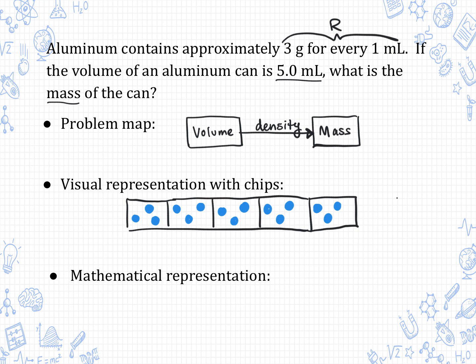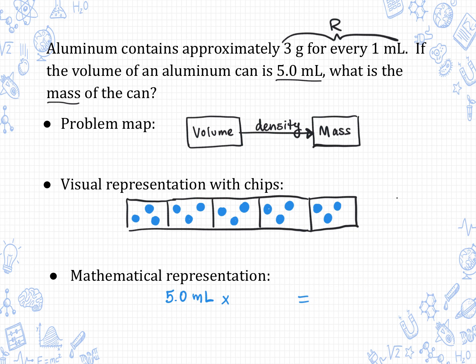So when I go to make my mathematical representation, I'm going to start with what I know, the volume. So 5.0 milliliters. And I've got a relationship, 3 grams for every 1 milliliter. So since what I was doing visually was multiplying, or another way to think about it in my relationship, mass is bigger than volume. So my final answer here has got to be bigger than 5 milliliters.